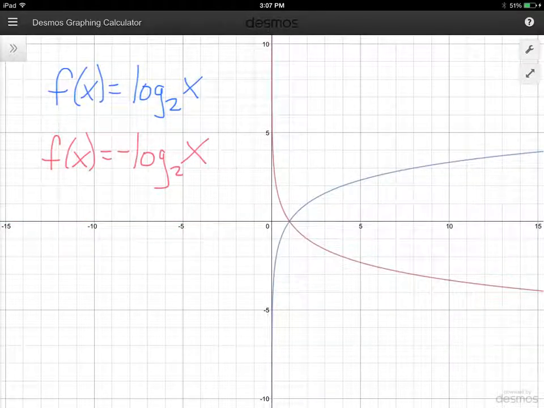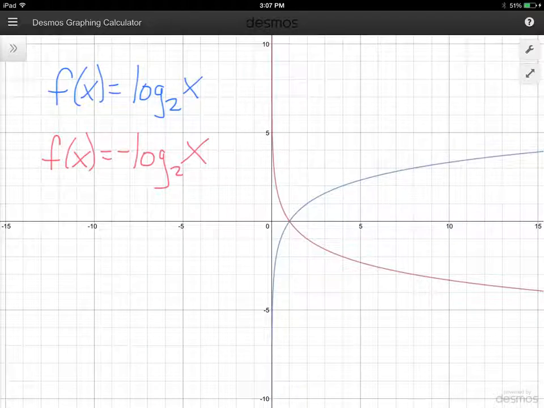So we're just going to move this graph of log base 2 of x around just to show that any function kind of has these similar properties. This blue curve is our standard log base 2 of x. If you multiply that function by a -1, it reflects over the x-axis, just like any other function.